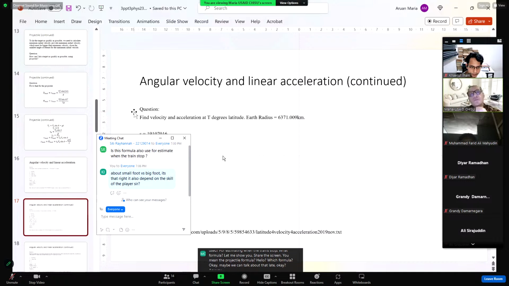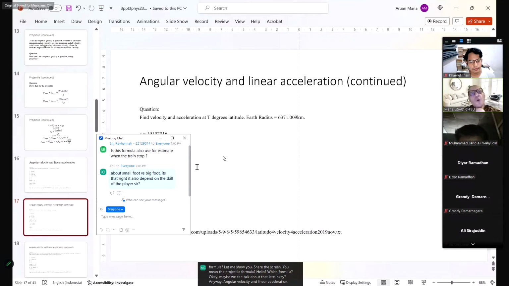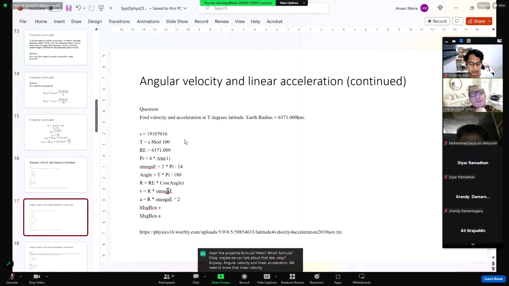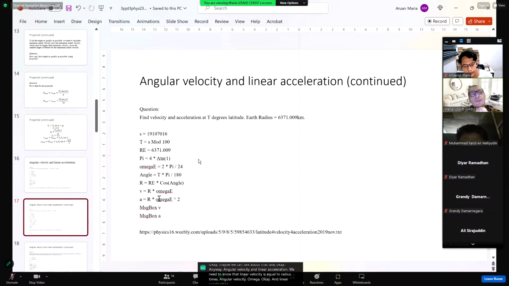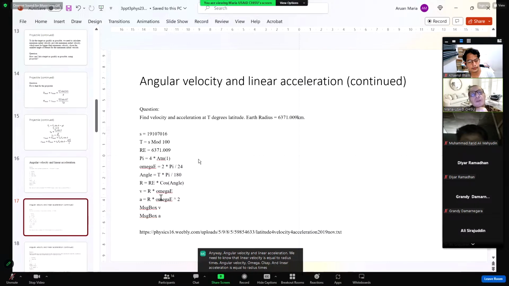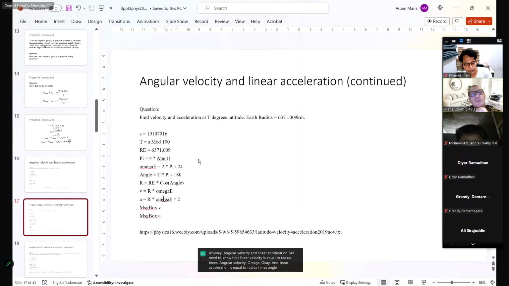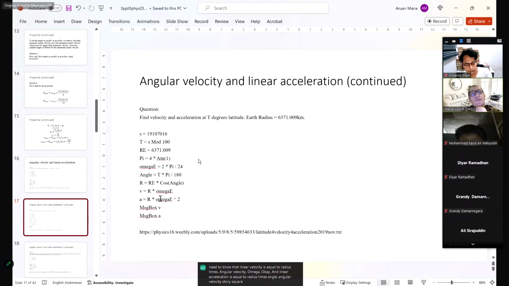Anyway, angular velocity and linear acceleration. We need to know that linear velocity is equal to radius times angular velocity, omega, okay? And linear acceleration is equal to radius times angular velocity squared, okay?